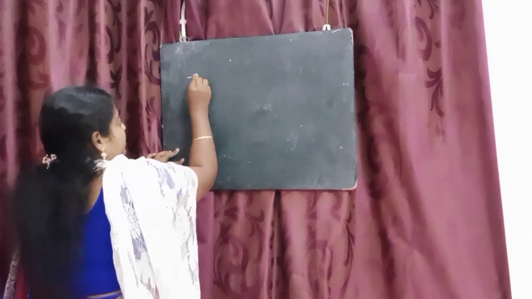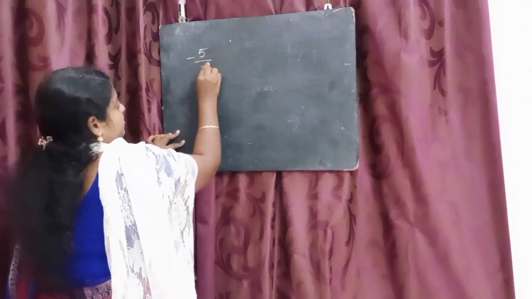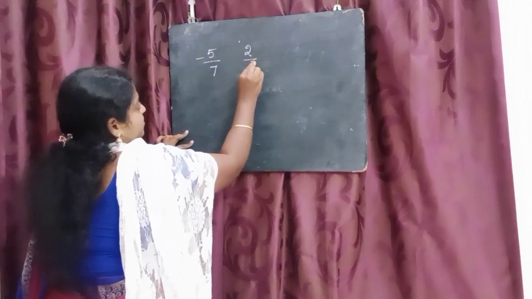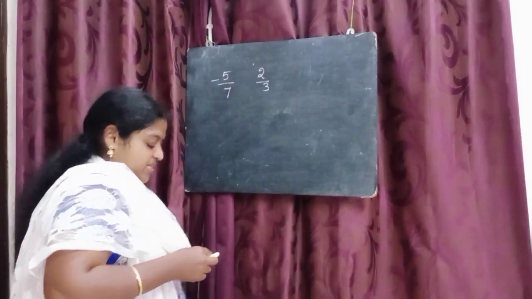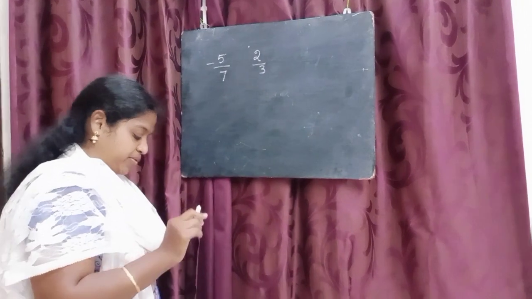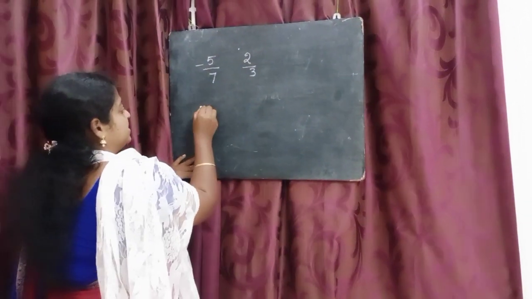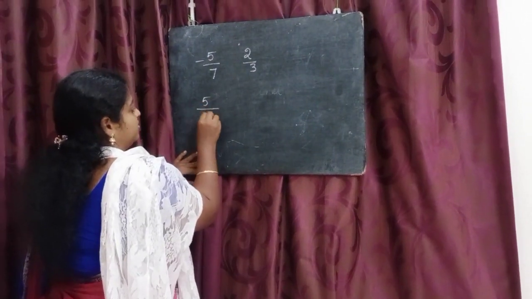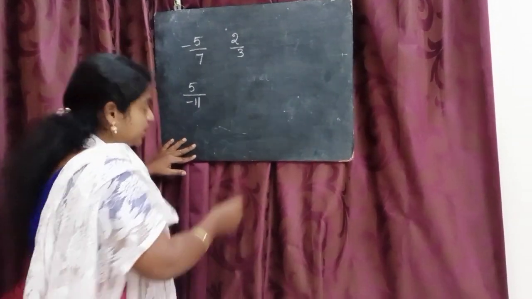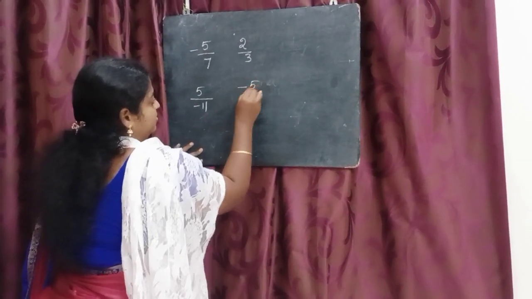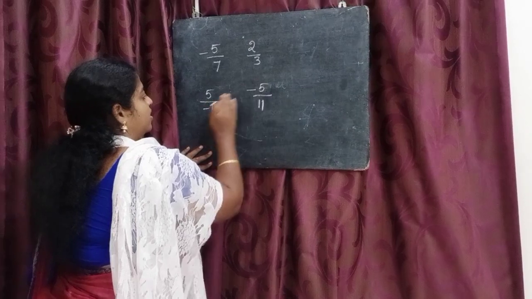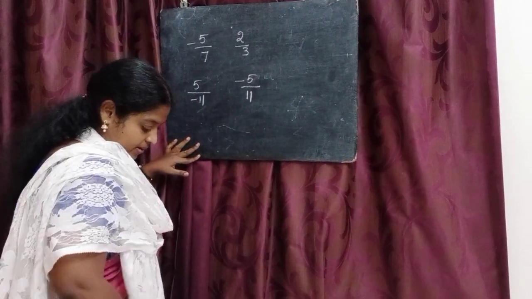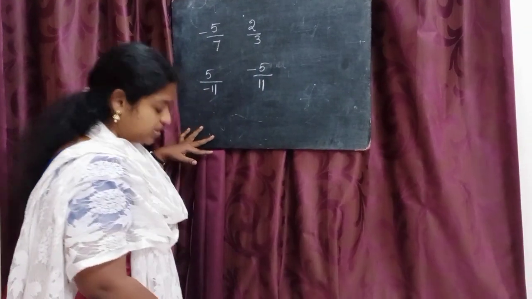Minus 5 by 7, 2 by 3. Before going to this, I want to explain one more problem, that is 5 by minus 11, and another one, minus 5 by minus 11.